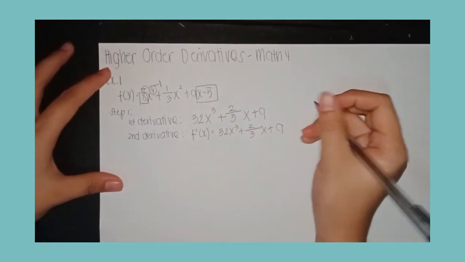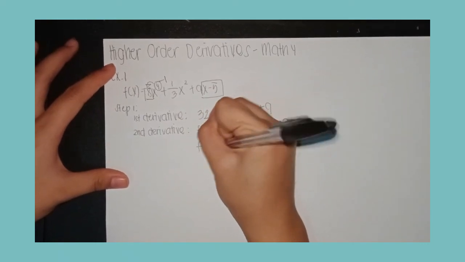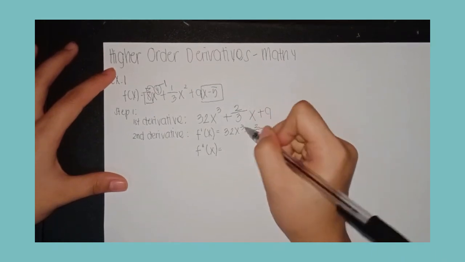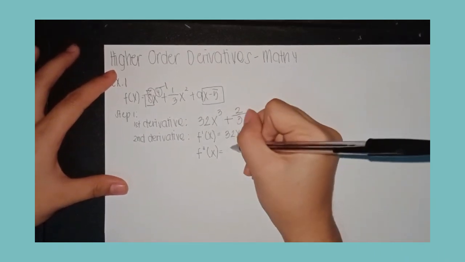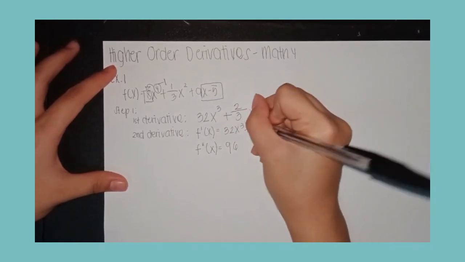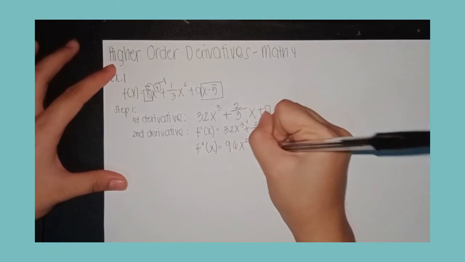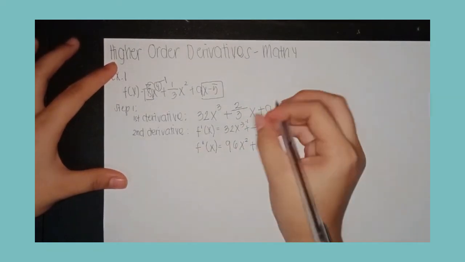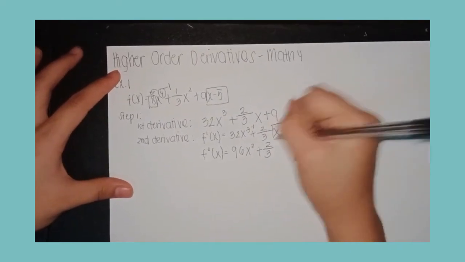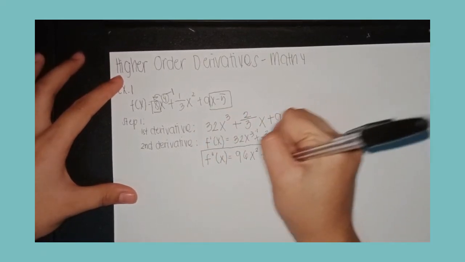For the second derivative, you have to put two lines, then same process. 3 times 32 is 96, then subtract 1, so you have 96x squared plus 2/3. You have to disregard the 9 to get the second derivative.